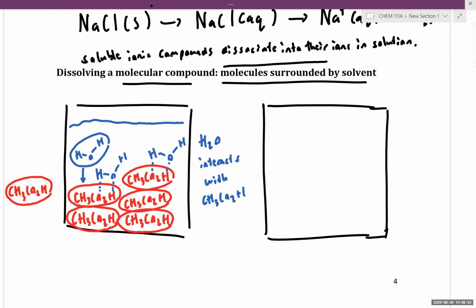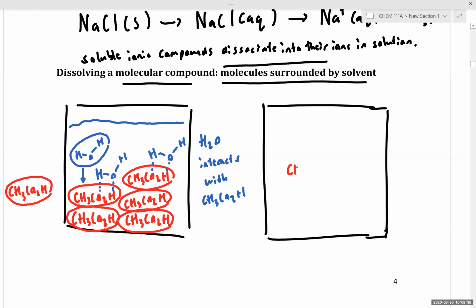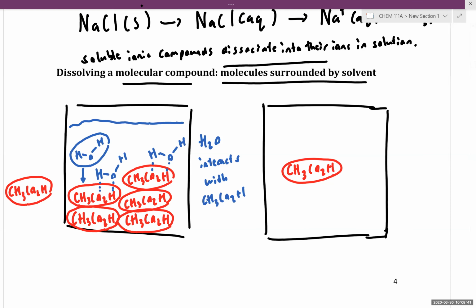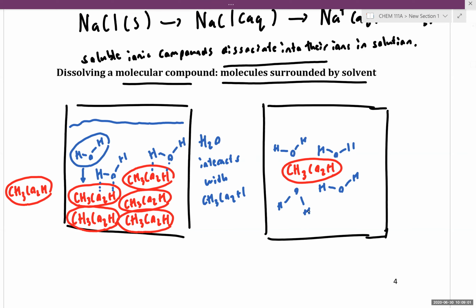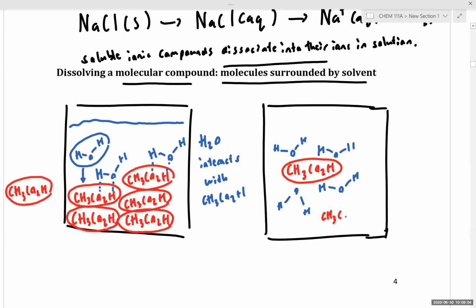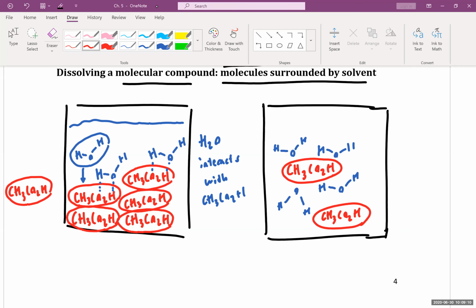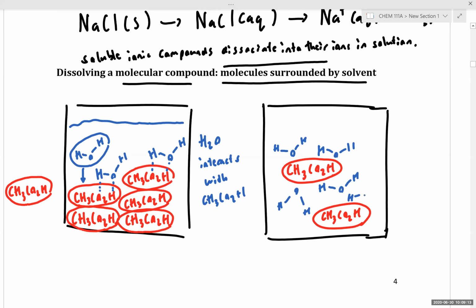So by the end of this process, we have our acetic acid, and it's going to be surrounded a little more strategically in this case with water molecules. And of course, we'd have multiple molecules of acetic acid dissolved in water.